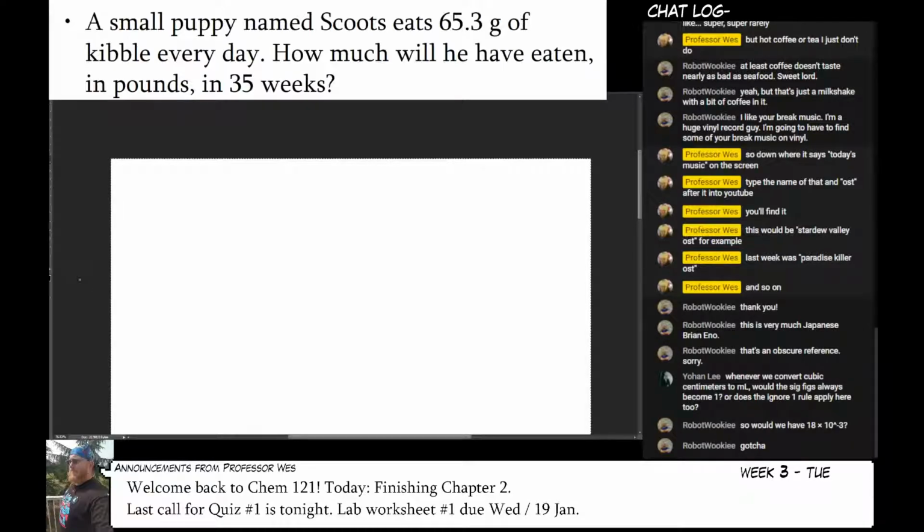So we know that Scoots eats 65.3 grams per day. In other words, he eats 65.3 grams in 1 day. So now I have a mass and a time. So I can relate those two things together.